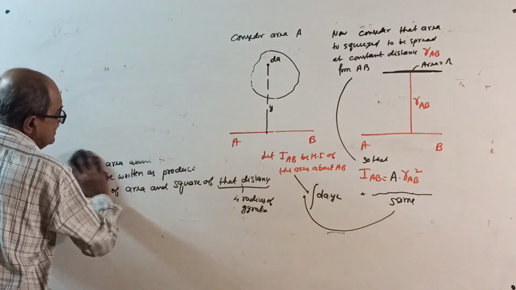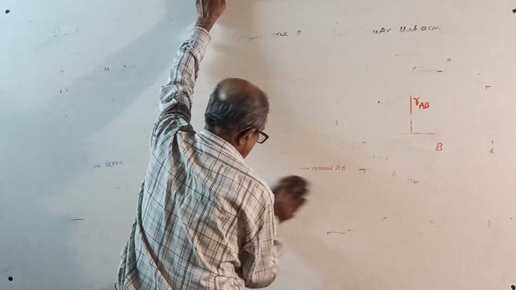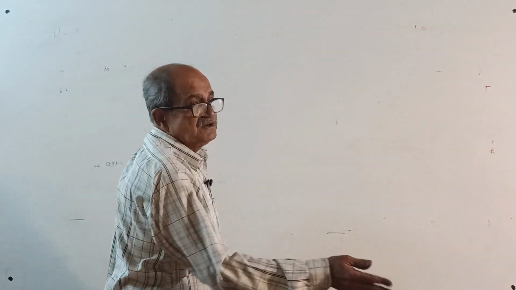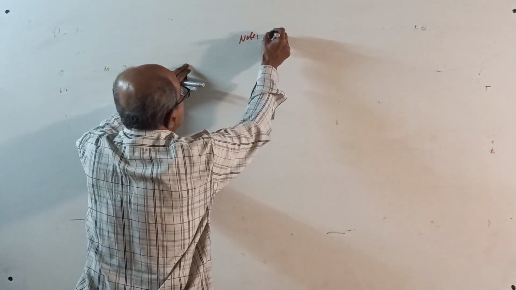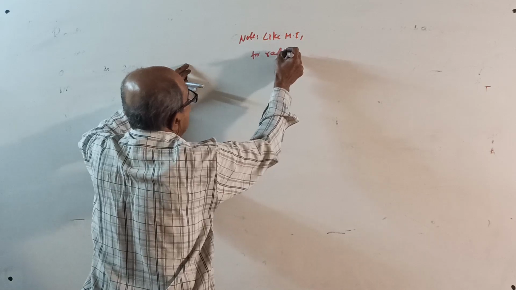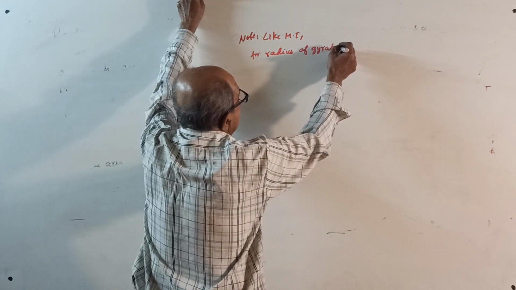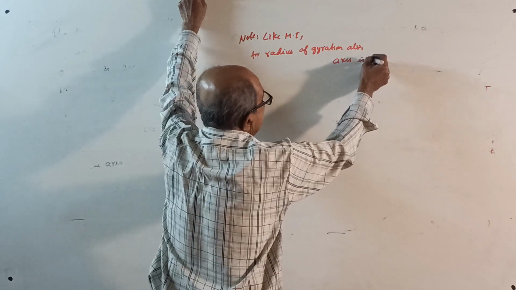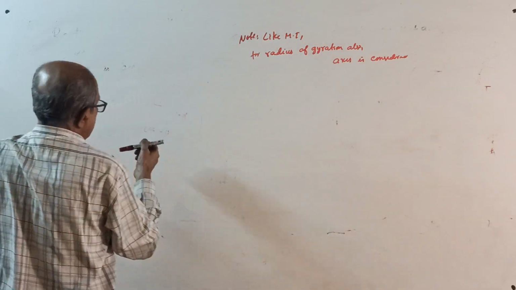Little more I have to tell and then stop the class. Now, remember, first of all, make a note. Like moment of inertia, for radius of gyration also, axis is considered. Okay. Now write the last part.